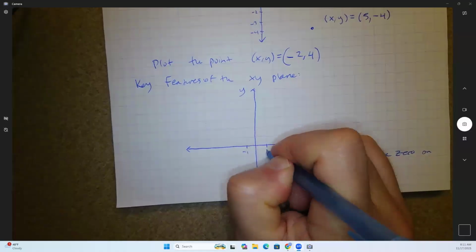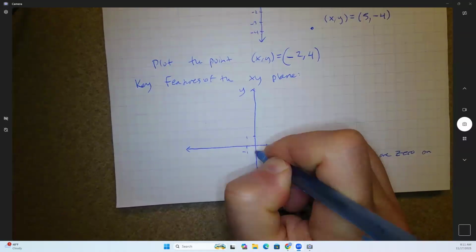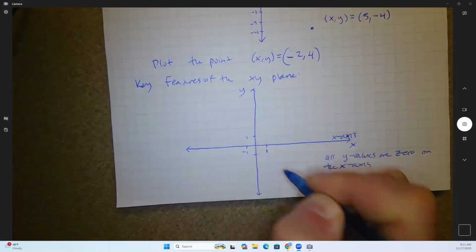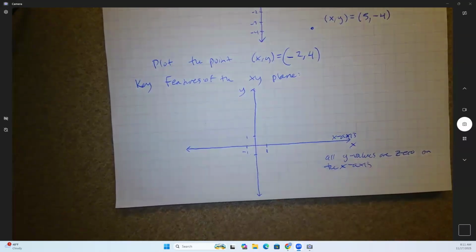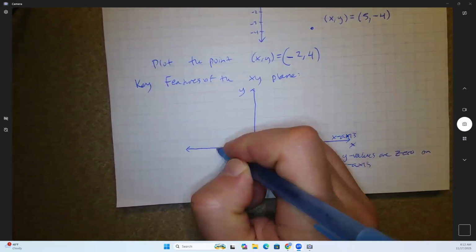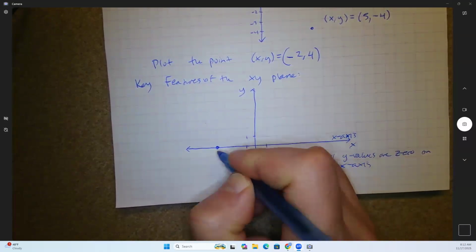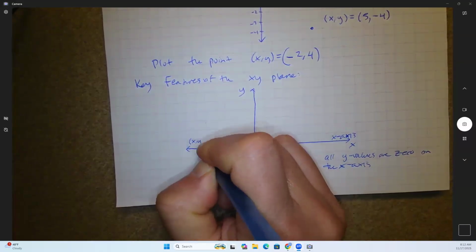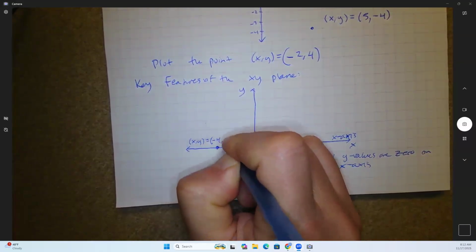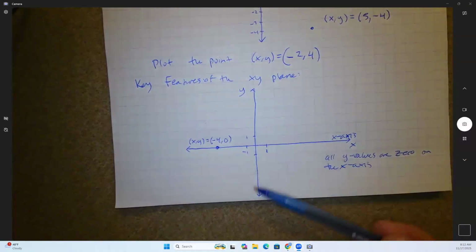Sometimes to indicate my scale, I'm not going to draw a whole bunch of little hash marks because I've got the grid, right? So I don't need them. I just indicate my scale. Notice no matter what point I pick on my x-axis, 1, 2, 3, 4, here x comma y is negative 4 and the y is 0 because I haven't taken any steps.